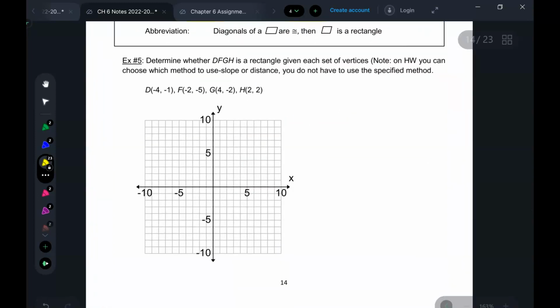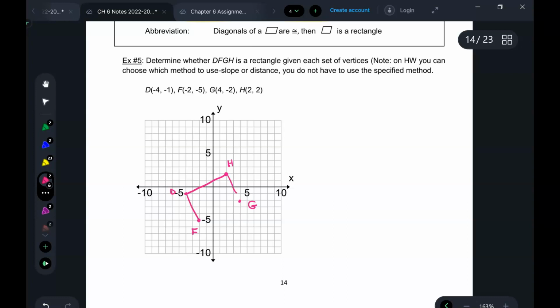Okay, last example. Let's graph D at -4, -1. F is -2, -5. G is 4, -2. And H is 2, 2.